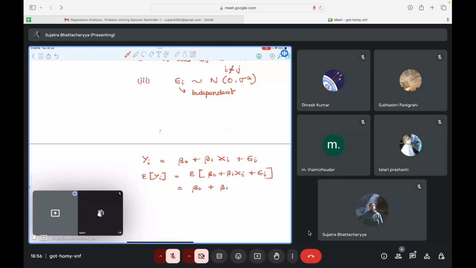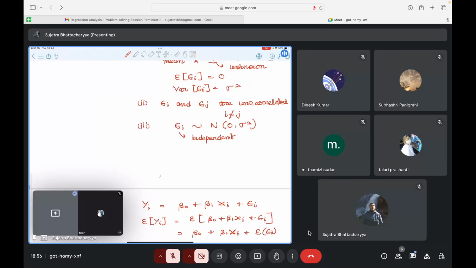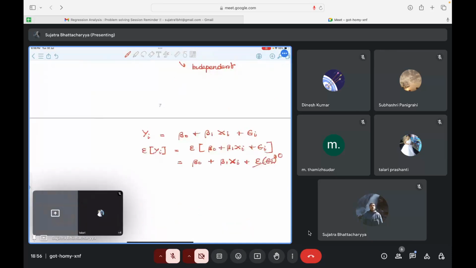Therefore, E of xi will remain as xi, because this is a constant component here. But the expectation value of epsilon i is what we have already computed as an assumption. This is 0. So you have beta naught plus beta 1 xi. This is the expectation value of yi.